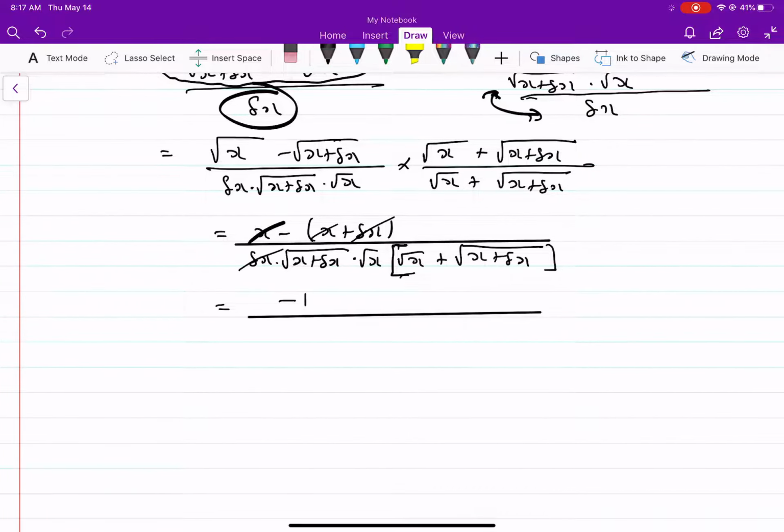is root of x plus delta x times root of x into root of x plus root of x plus delta x.